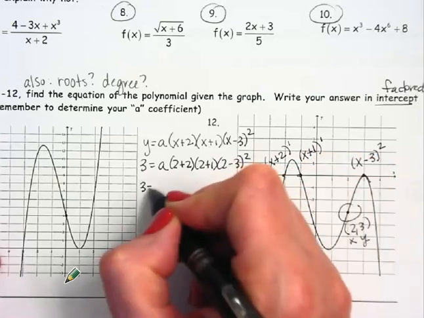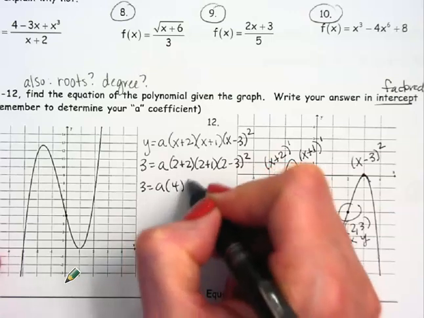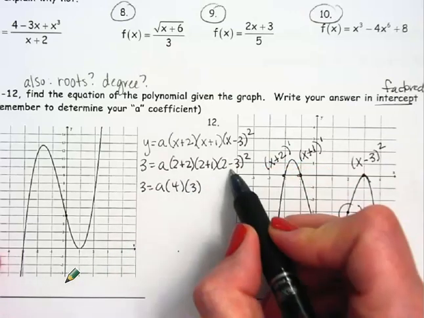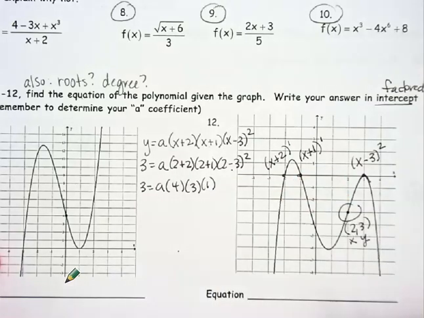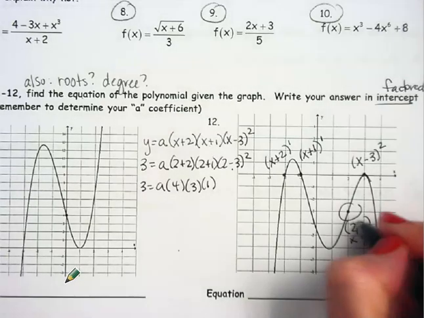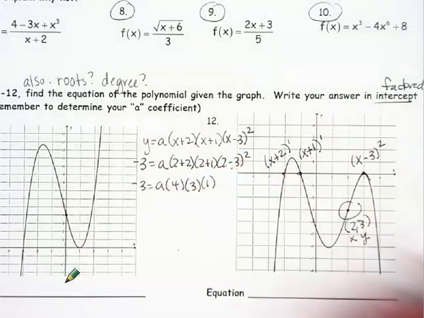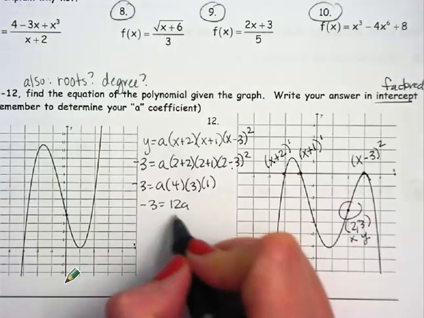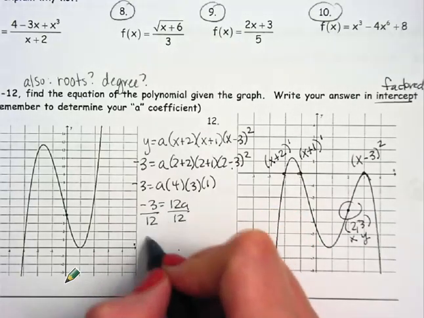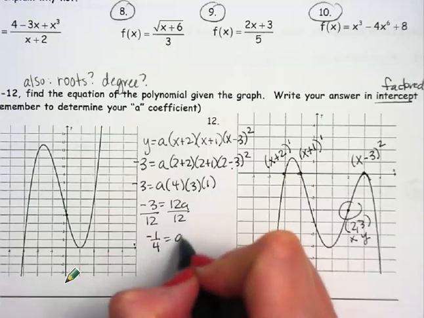And then you simplify the parentheses. This one is a -1 squared, which is +1. Oh, sorry, this 3 is a negative where the y is. So now I have -3 equals 12a. Divide both sides by 12, simplify, and you get -1/4 equals a.